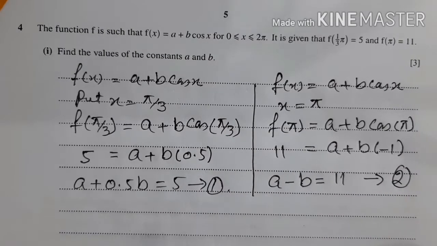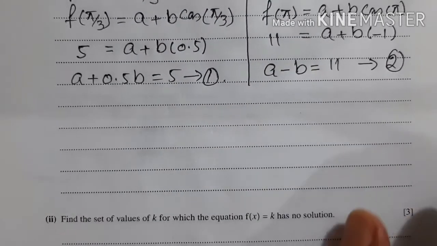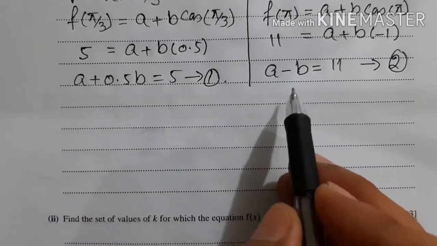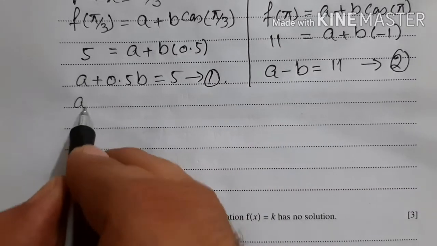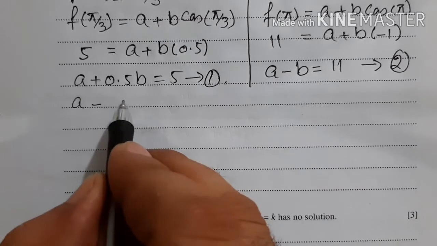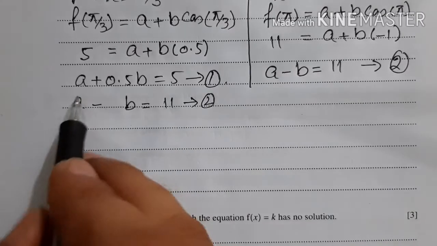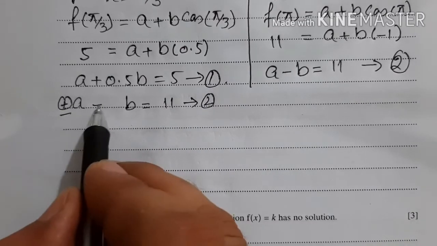This is equation number 2. So I got 2 equations. I'll solve them simultaneously to get the values of a and b. I'll write the second equation under the first one. Sign change.